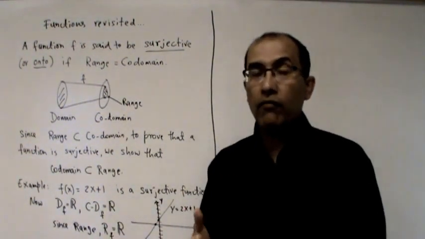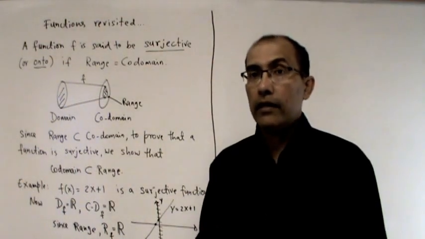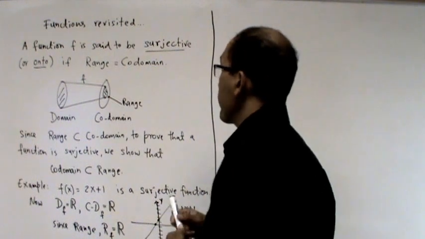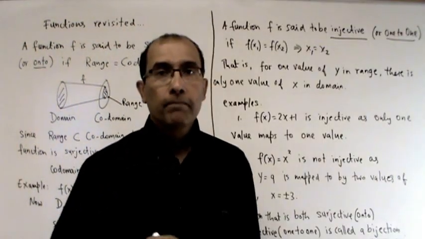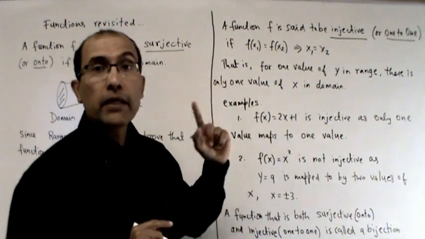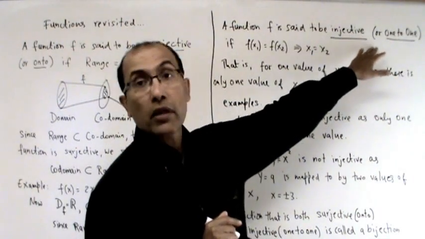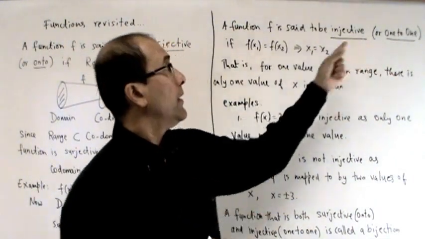And we have also what's called a second property, an injective function. A function is said to be injective, that's the second property. We sometimes call it one-to-one.